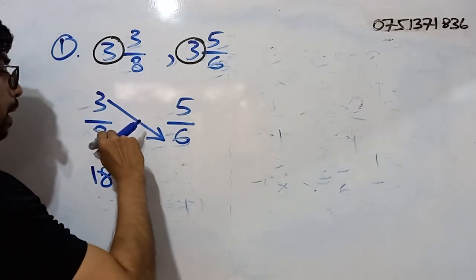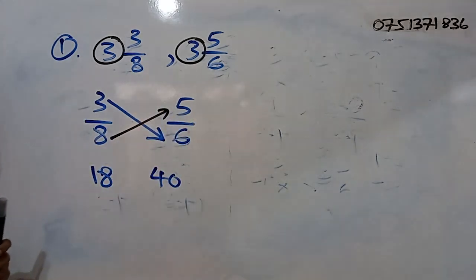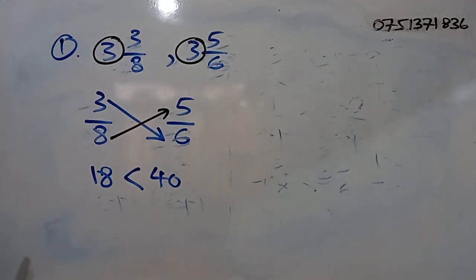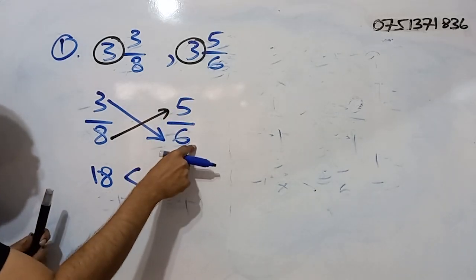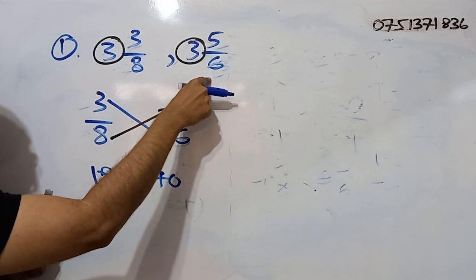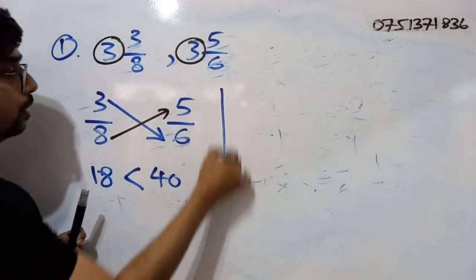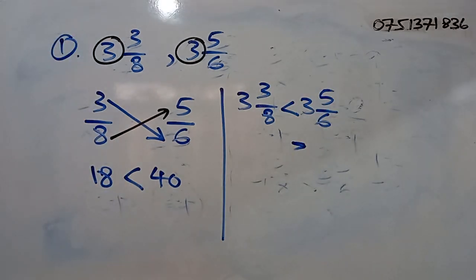Then multiply 8 by 5. What do we get? 40. So 40 is larger than 18. So 40 is written under 5 by 6. That means 3 and 5 by 6 is larger than 3 and 3 by 8. So that way is much easier.